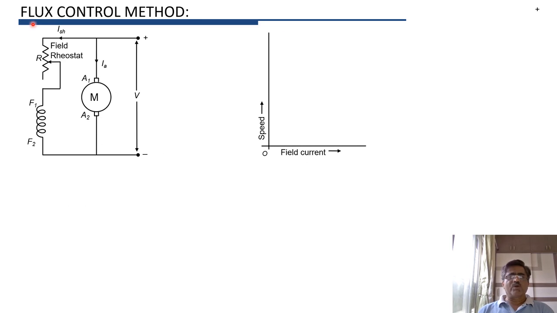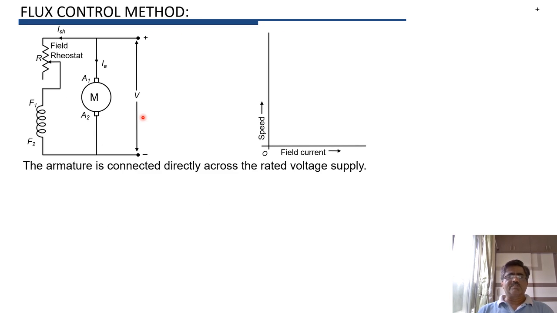Next method for speed control of DC motors is flux control method. Now in this case, the armature is connected directly across the rated voltage supply. So voltage across armature is the supply voltage V, whereas the field winding is connected in series with the field rheostat.